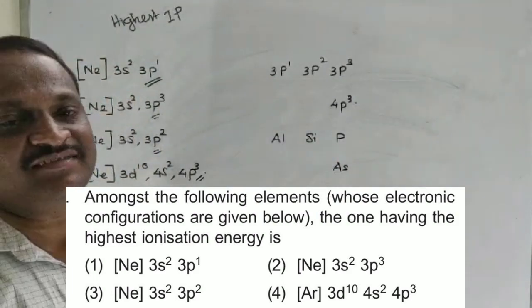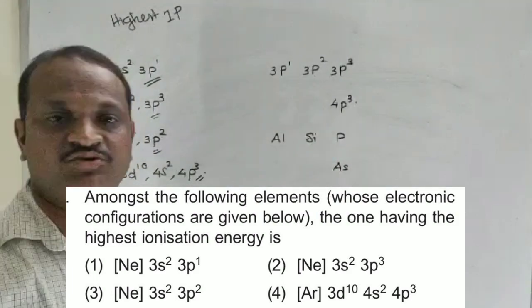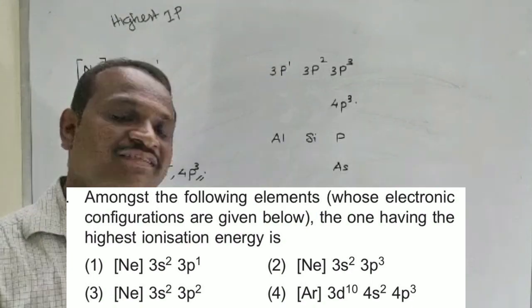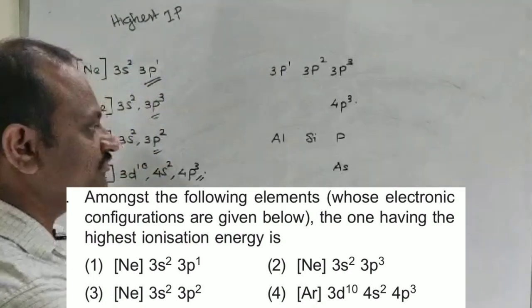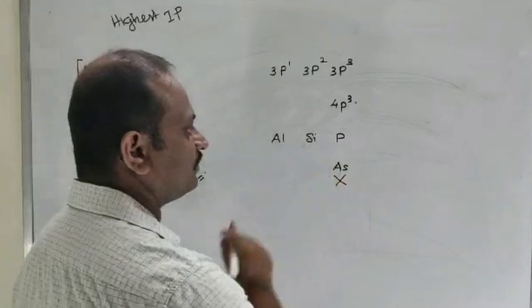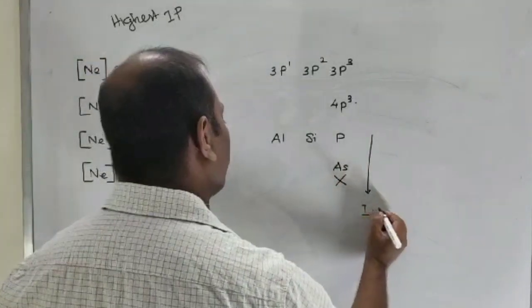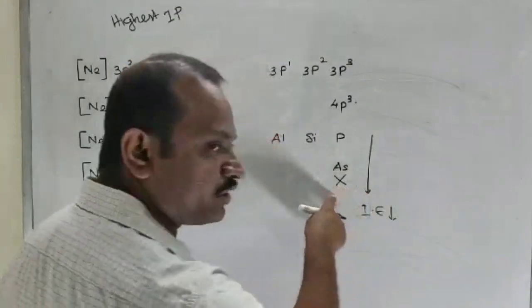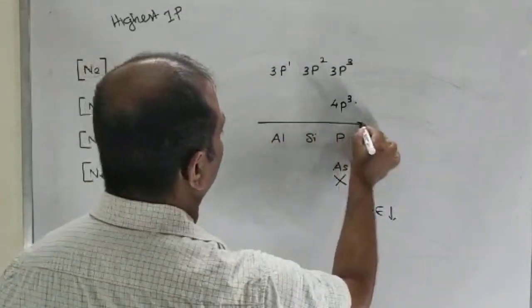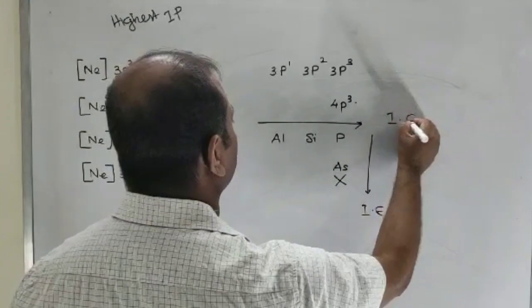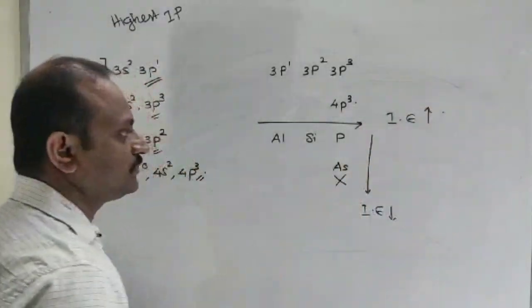Which one has the highest ionization potential? As we come down, you know that ionization potential will decrease. So this is not our answer. As we come down, ionization energy decreases. And now if you go to that side, ionization energy increases.